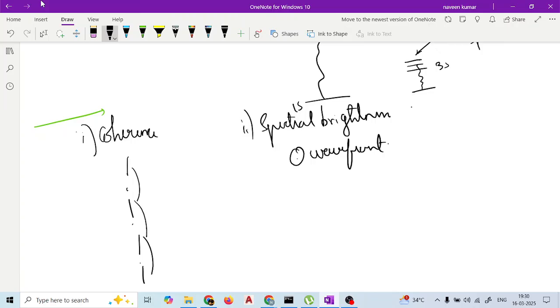It overlaps and it will get bigger over a period of time. There are different notations also and we will be learning about that.